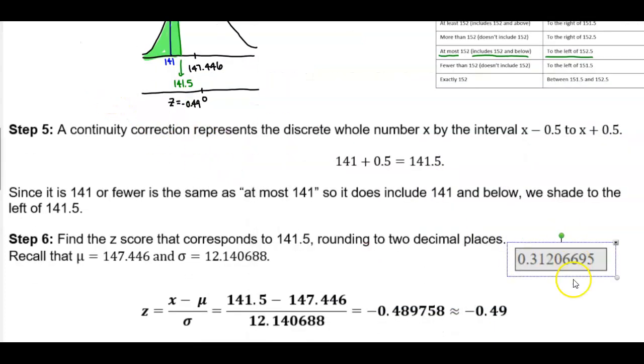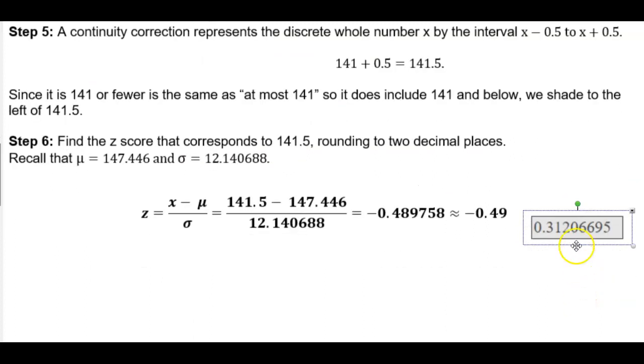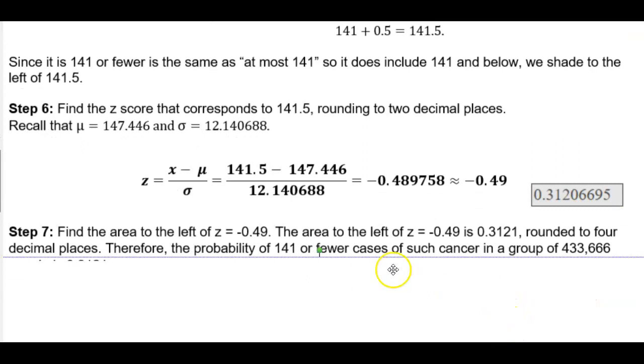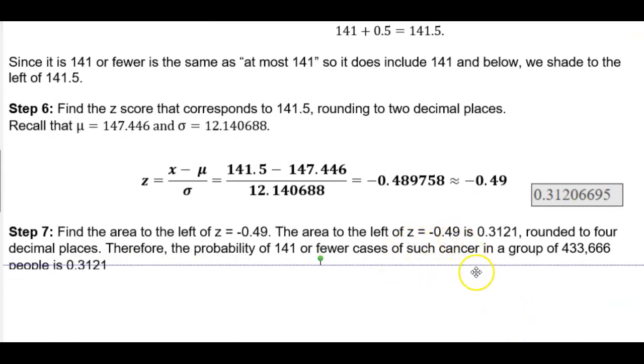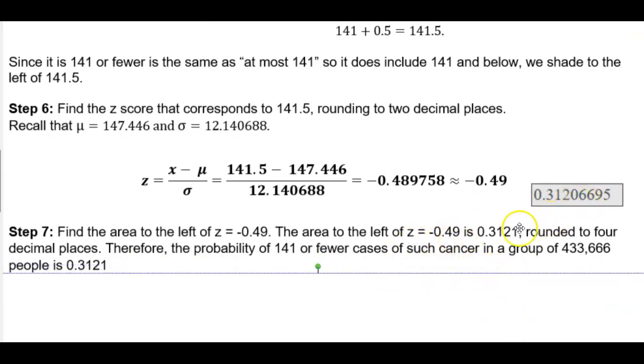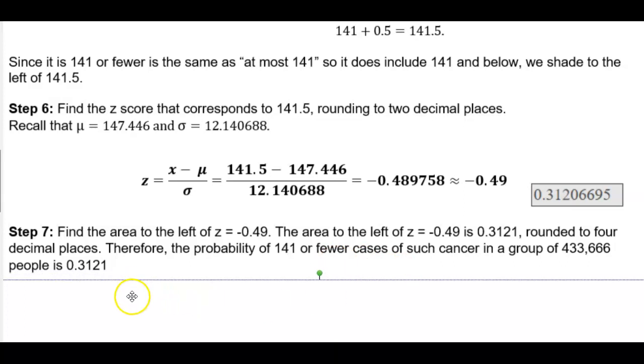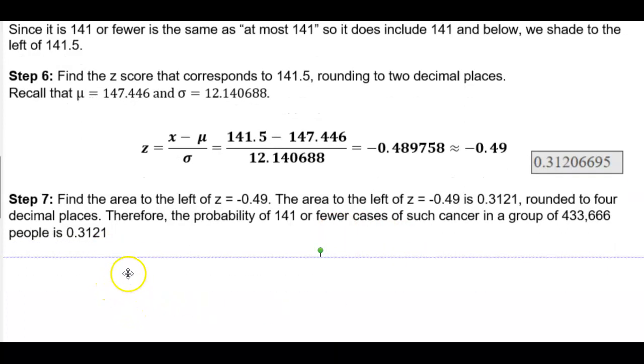Rounding to 4 decimal places, the area to the left of z equals negative 0.49 is 0.3121. Therefore, the probability of 141 or fewer cases of such cancer in a group of 433,666 people is 0.3121.